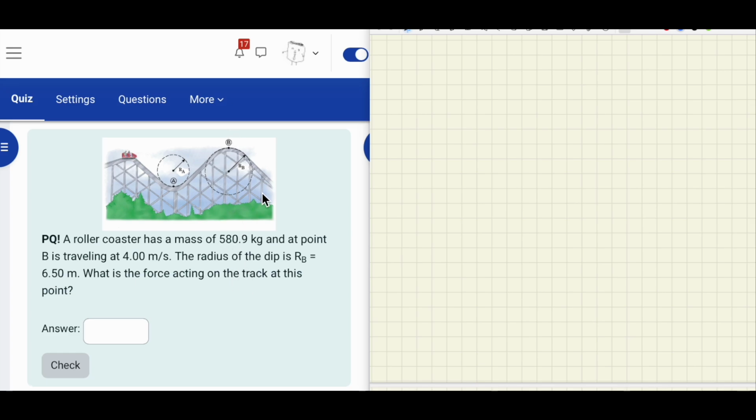All right, so this is a centripetal motion problem, which means we have to apply Newton's second law and determine the centripetal acceleration. And so what we're looking at is this circular area.